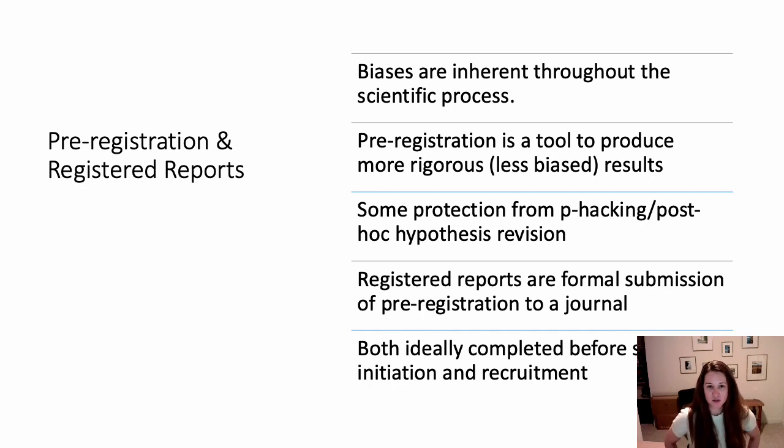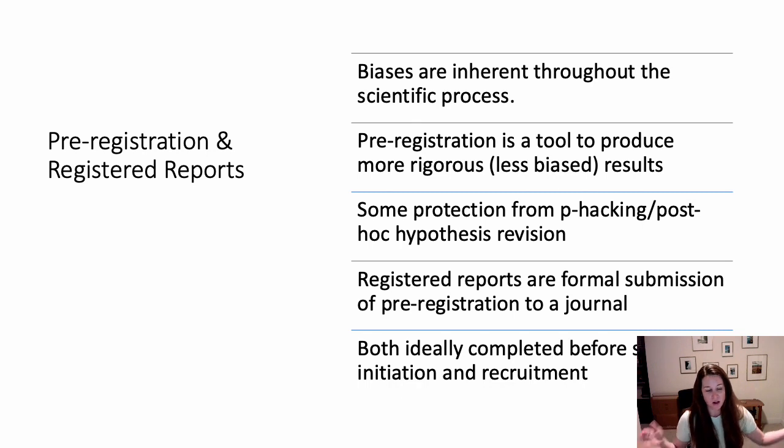A pre-registration is essentially a guide map that you set at the beginning of your study. You lay out everything that you're doing: these are the methods that I am going to do, here are the analyses that I'm going to use, here's how much power my study has, here are the types of samples that I'm going to recruit.